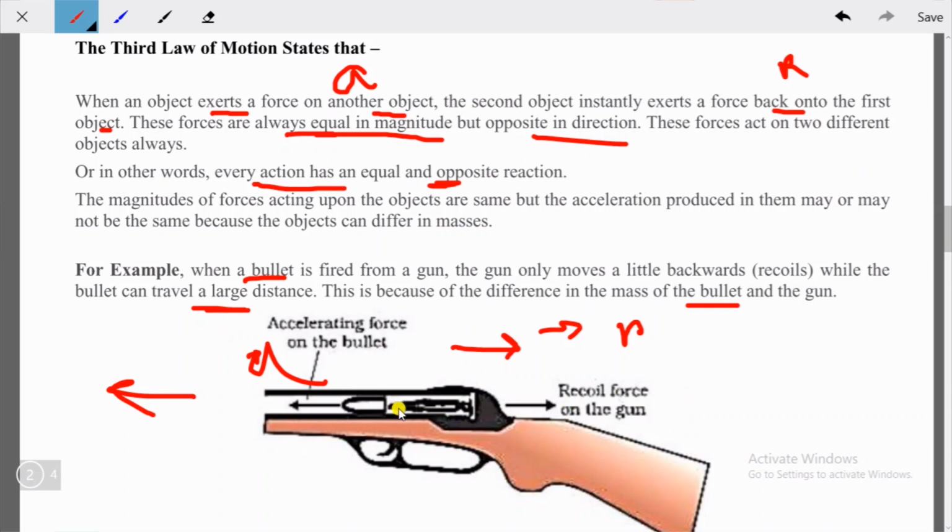Why is this happening? Because of the masses. The bullet has less mass, that's why it moves so far, so the velocity is more. That means the acceleration produced after this action is more in the case of the bullet, but in the case of the gun it is very little because of the difference in mass. So I hope you have understood.